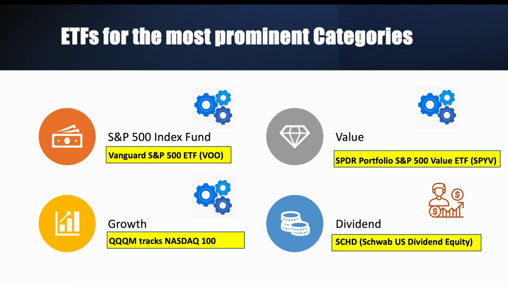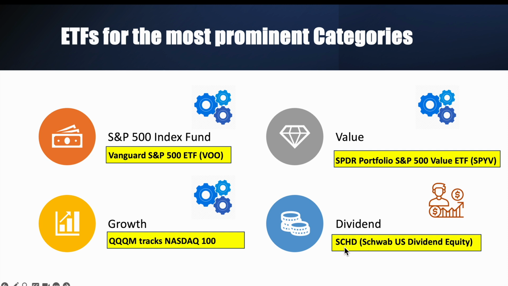For the growth ETFs, which provide exposure to stocks or assets that are expected to have above average capital appreciation or growth potential, I recommend QQQM. And for dividends, if we want to get money every quarter or every year, I want to get some money out of my ETF, then for the fund which gives generous dividends, in that category I would choose SCHD.